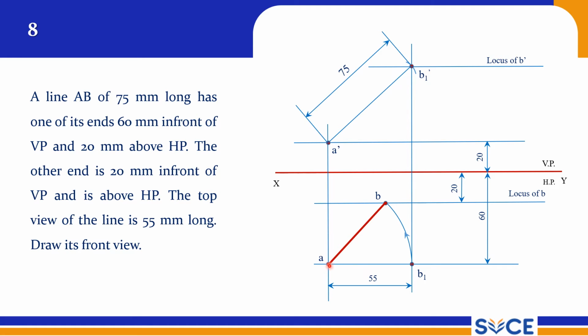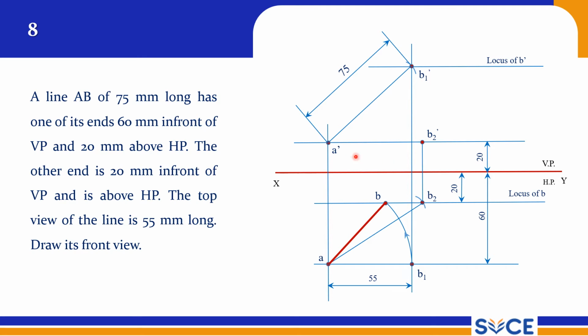Now we know the true length. We can cut the arc 75 from A as center, and cut the arc on the locus of B. So this becomes our B2. From here you project up to the locus of A, and this is our B2 dash. Now you rotate it in our usual procedure.